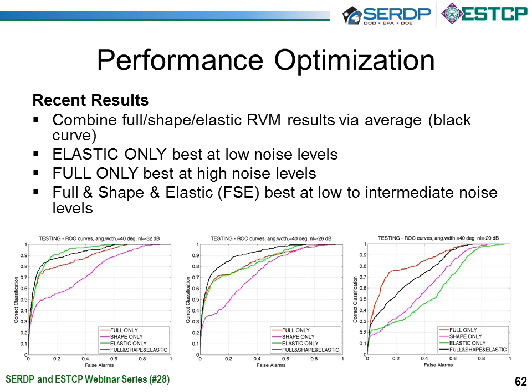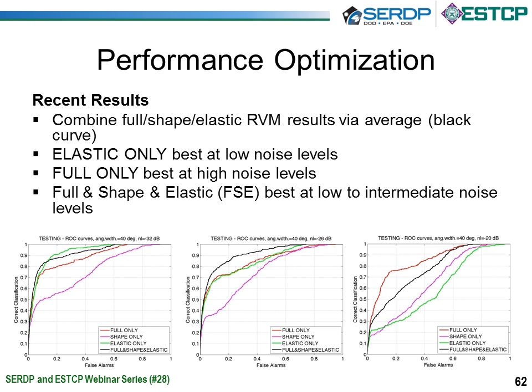On the left side is a low noise environment, which would be equivalent to a medium sand flat interface. The center is more of a coarse sand environment, and the right side is a gravel environment. We did the elastic only, the shape only, and also the normal full response.